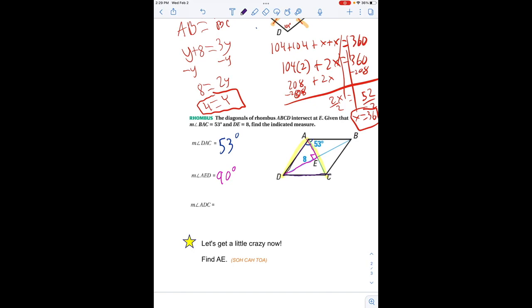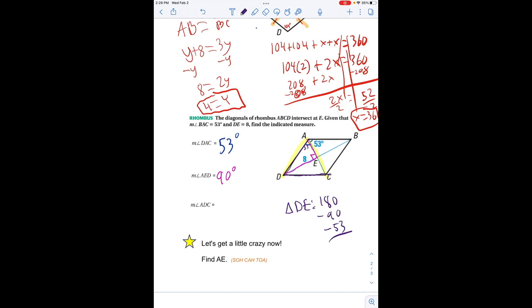A couple ways I could try to solve this. I know that this angle was 53 degrees. Triangles have a total of 180 degrees. So if I'm looking at this triangle ADE, I know it's got 180 degrees. I've used 90 and I've used 53.